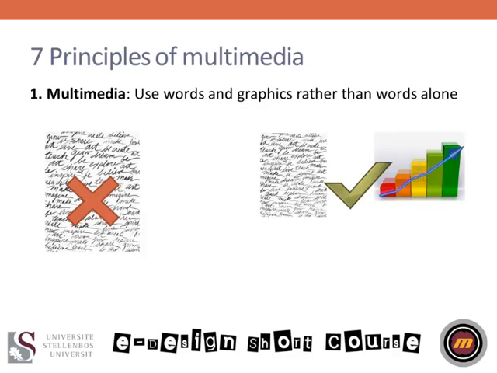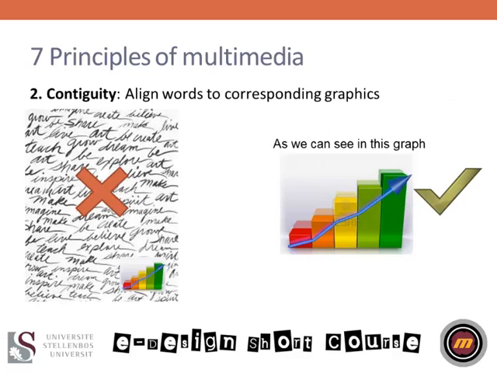And it's scientifically proven, according to Clark and Meyer, that if students get provided only with words, only with text, as opposed to words and images that are integrated, the learning is much better. Principle number 2, contiguity. Align words to corresponding graphics. And this is important for writing a report, doing a PowerPoint, or making an e-lesson. And it's very easy, simple actually, to understand.